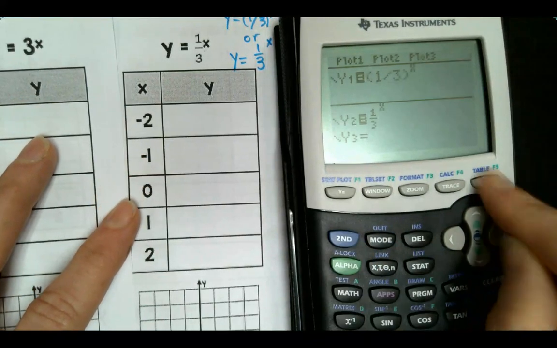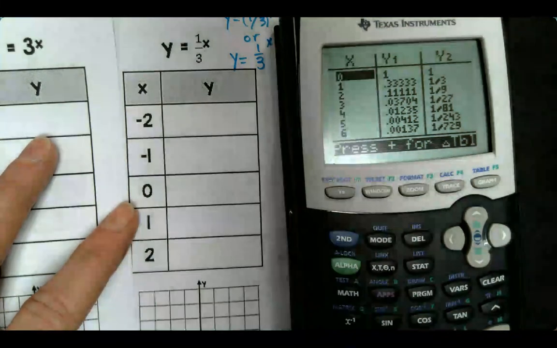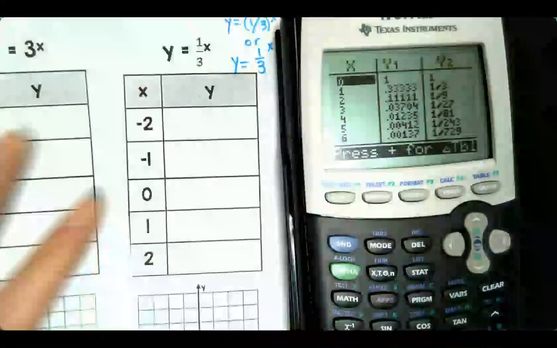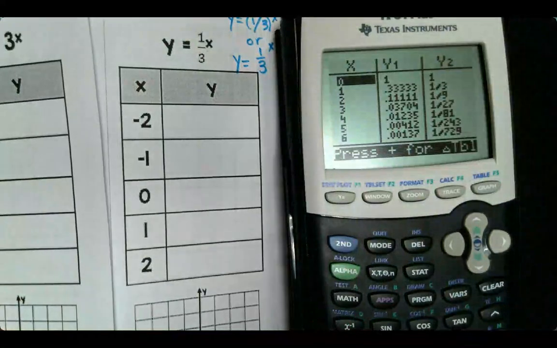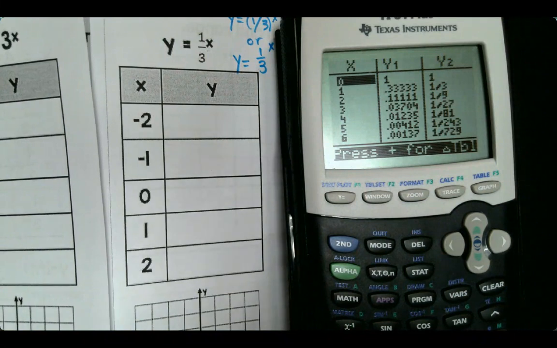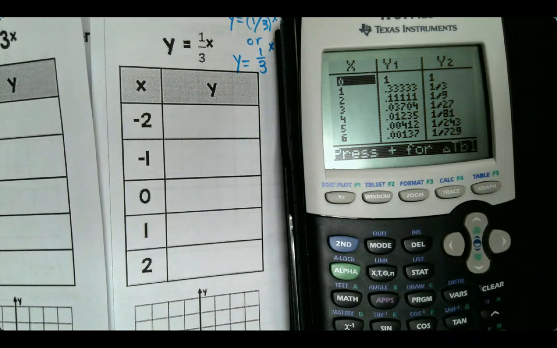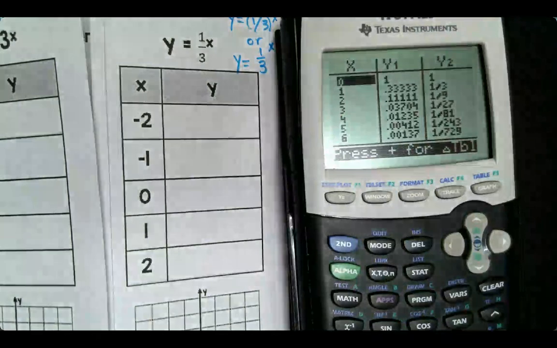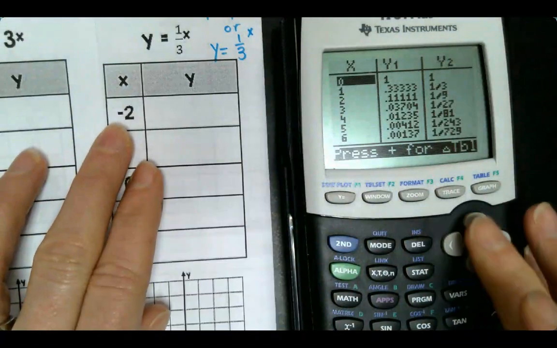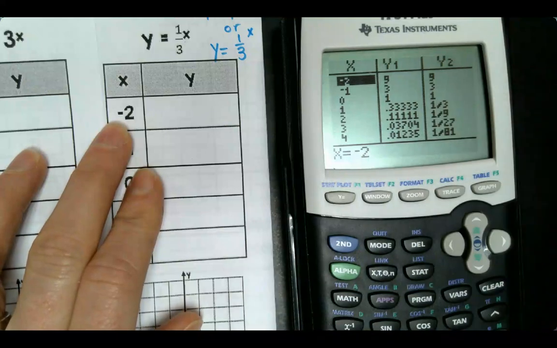So we're going to do the second table. Look at the table. All right, let's fill in the table. So we got to go up to -2. So these are the exact same. It's just different ways of writing it.